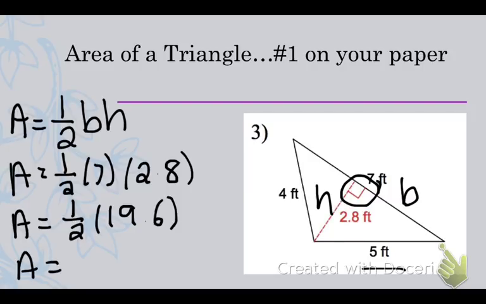All right, we divide 19.6 divided by 2. A equals 9.8 feet squared. And again, don't forget those units. They're squared every time we're doing area.